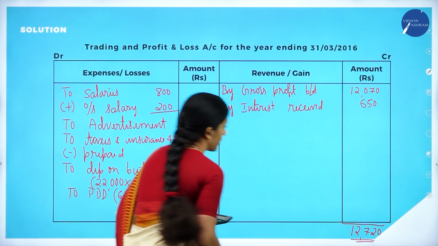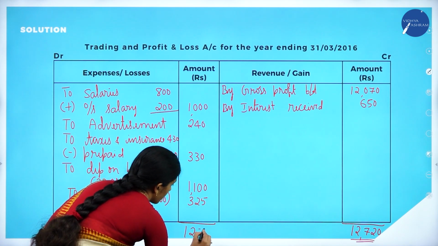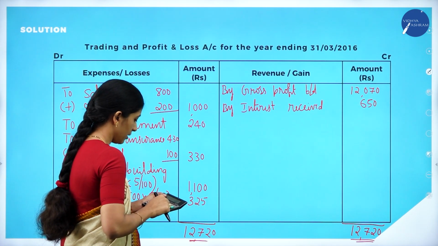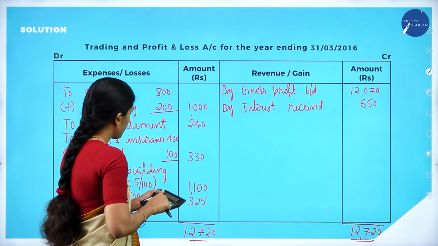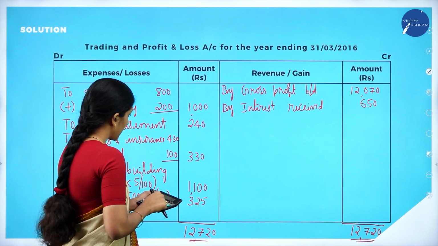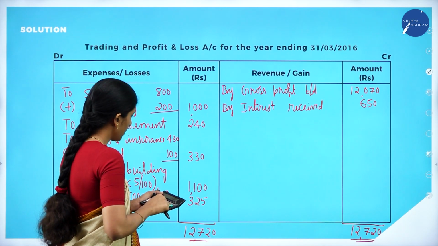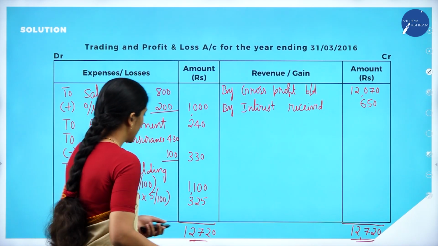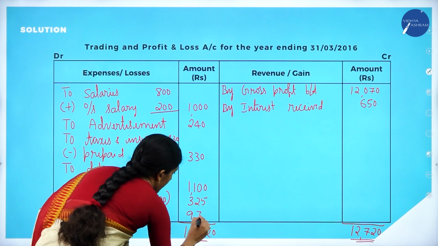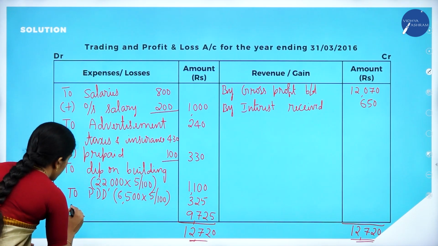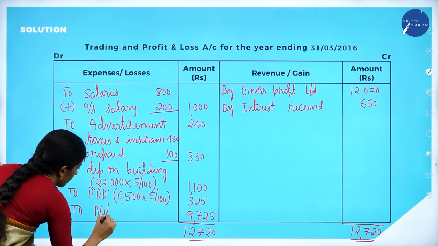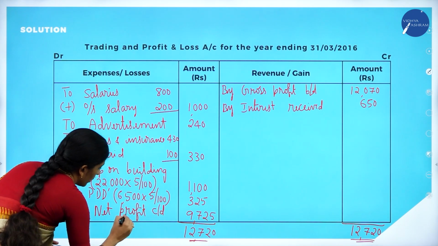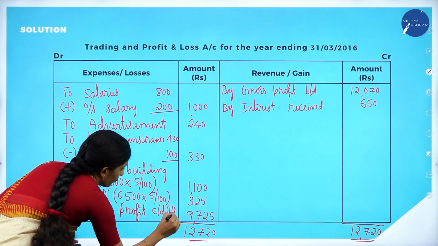So your credit side is more. 12,720 minus 1,000 minus 240 minus 330 minus 1,100 minus 325. So we'll get 9,725. So this is net profit carried down, and this would be the balancing figure.